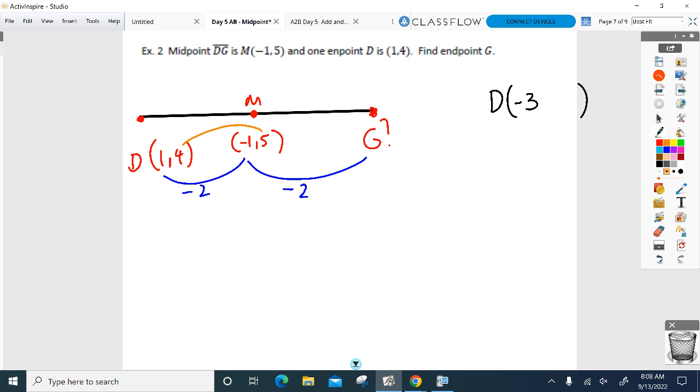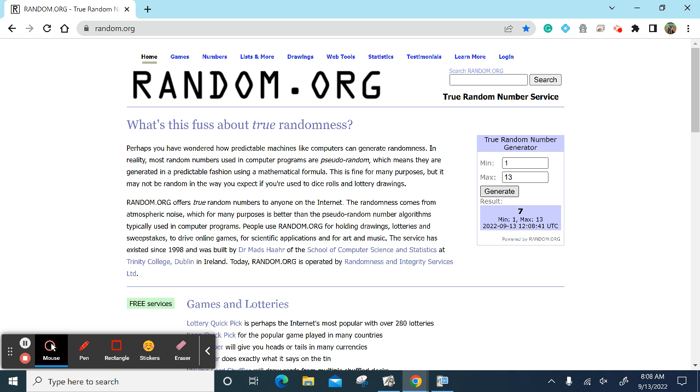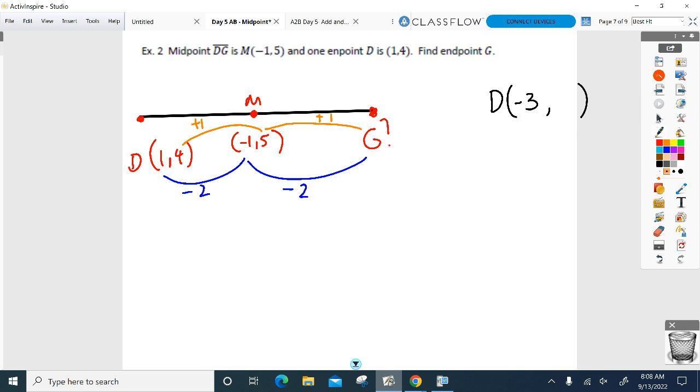Up 1. And I'm right in the middle. So guess what I got to do again to get to the end? Go up 1 again. I got to match it. The left and the right always have to be the same movements. So add 1 again. If I add 1 again, where do I end up on the y-axis? 6. There you go.